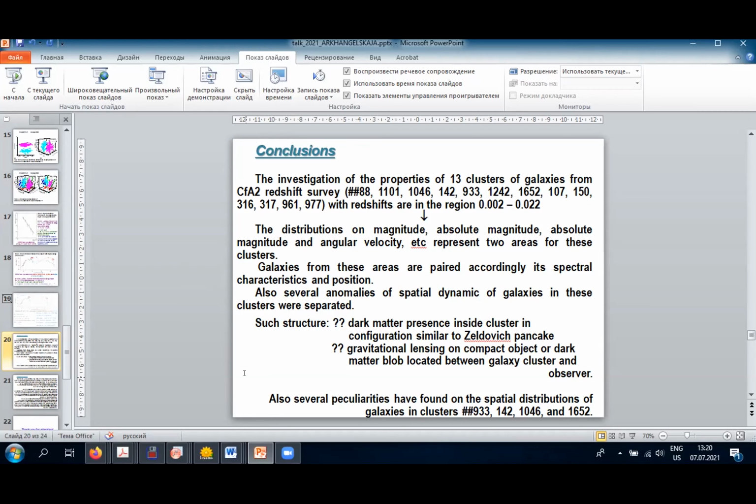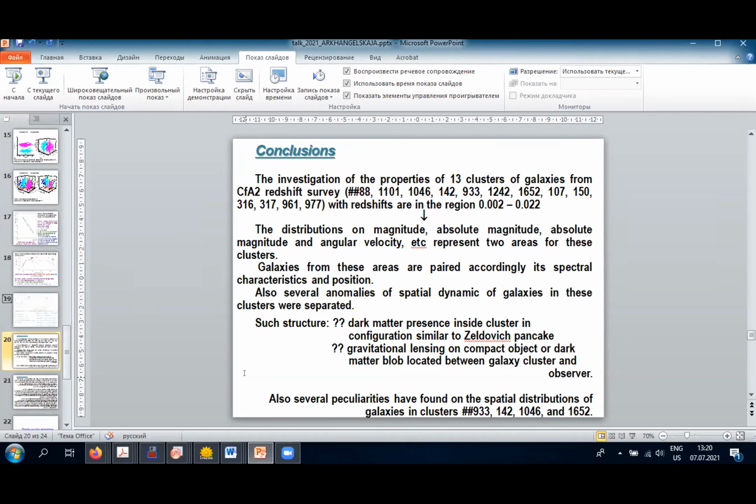So, analysis of the distribution on absolute magnitude, angular velocity, and other distributions together with spatial distribution represent two areas for these clusters.